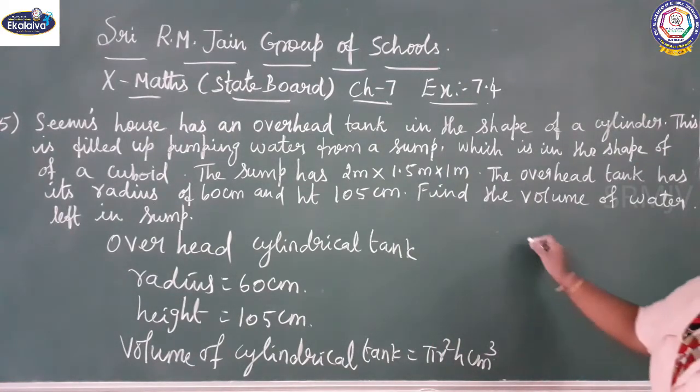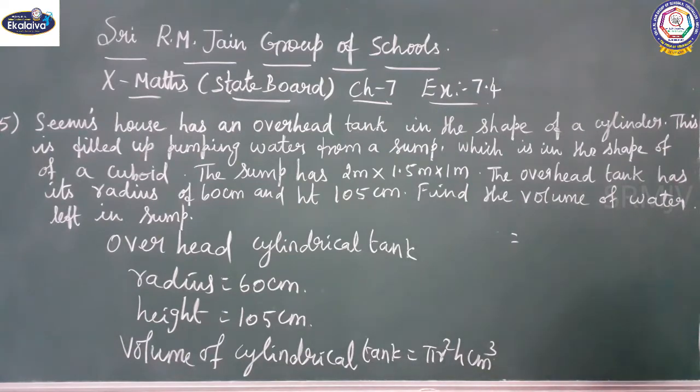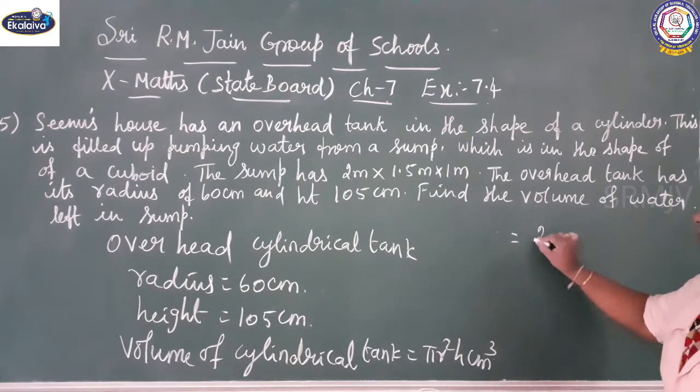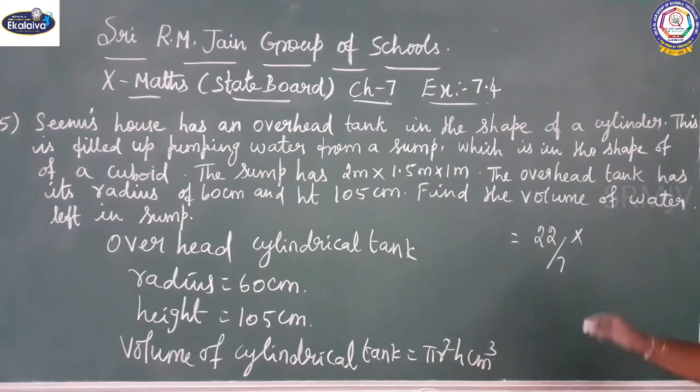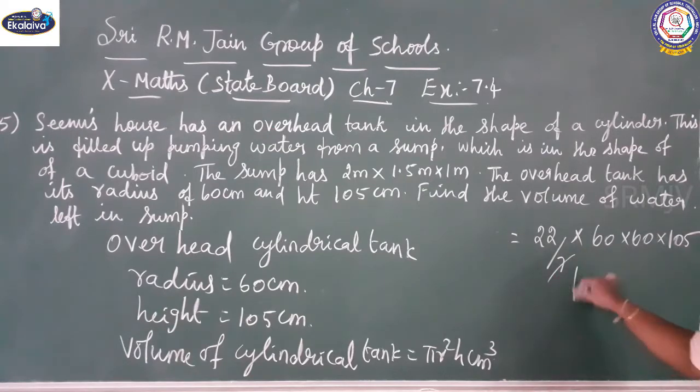So it gives, see here, pi 22 by 7 into r square is 60 square, 60 into 60 into 105. 7 ones are 7, balance 3, 7 fives are 35.